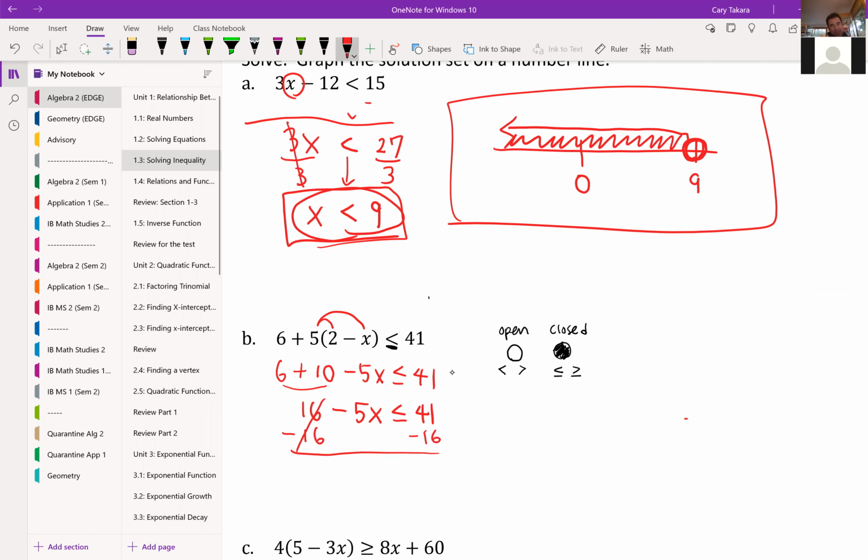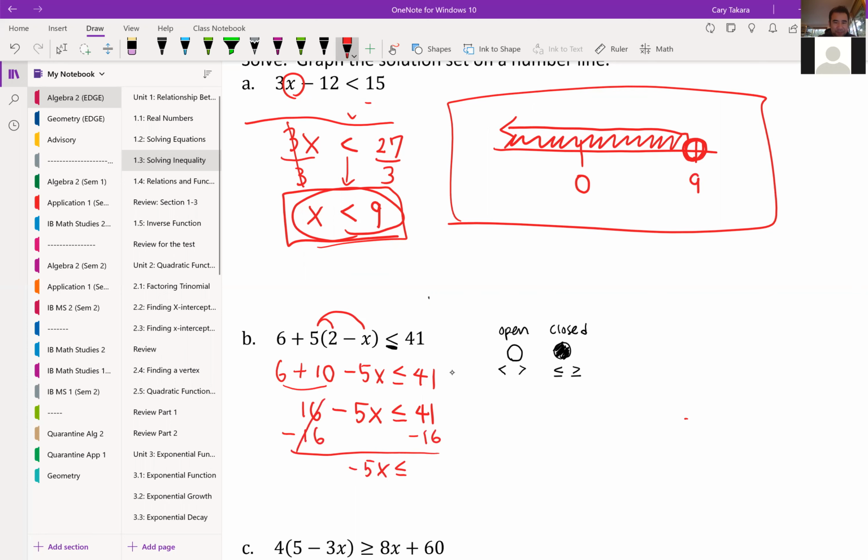So if you've already made a mistake, let's try to fix it right now, okay? So what do we have? Negative 5x is less than or equal to, what is that? 25? 25?